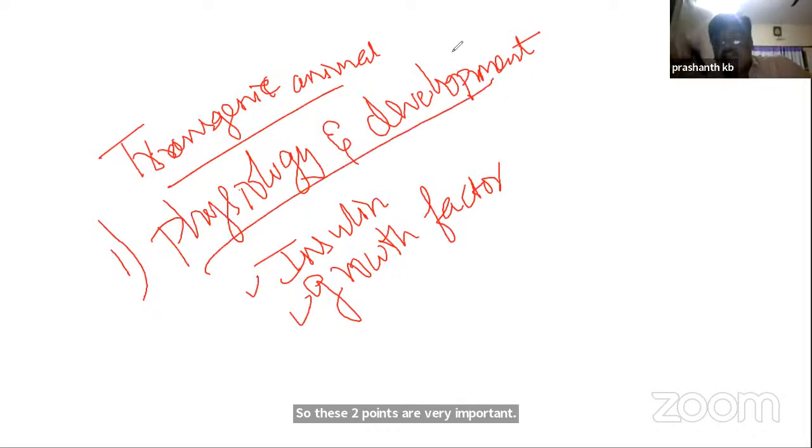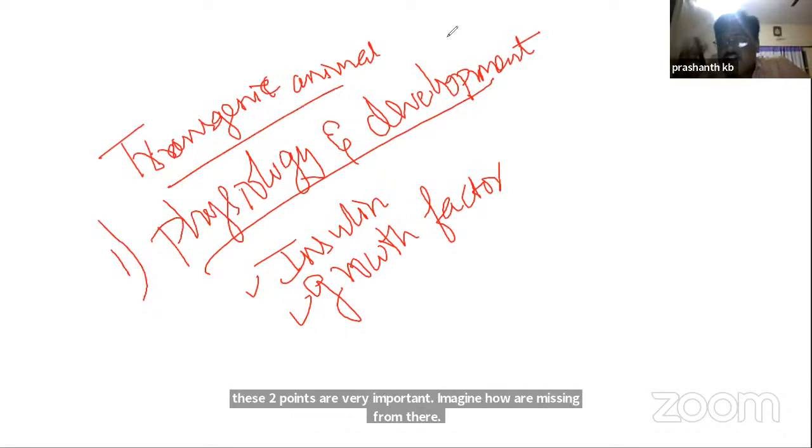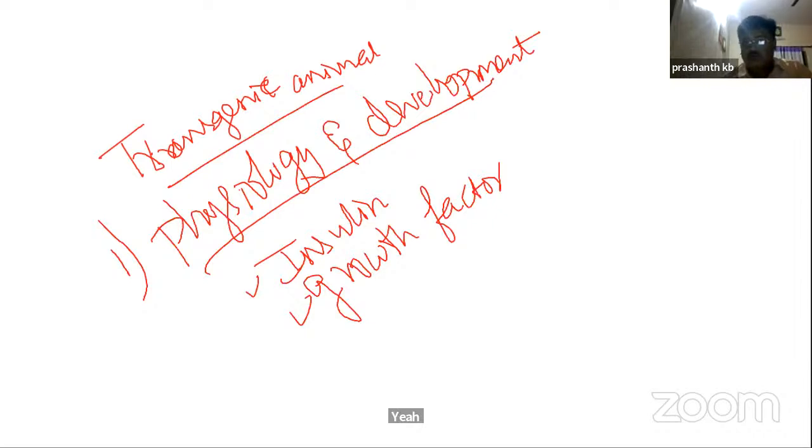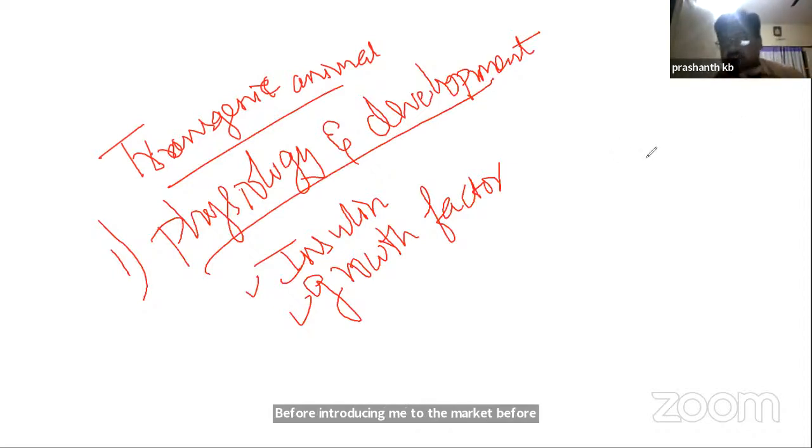Imagine how, in a simple way, you have discovered insulin. Before introducing it into the market, you must get permission from the GEAC, the Genetic Engineering Approval Committee.